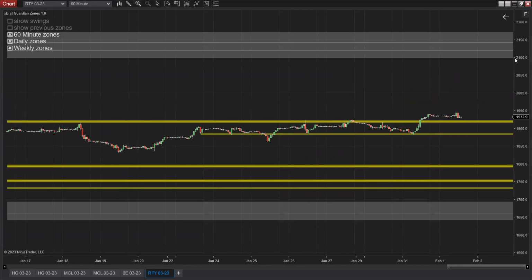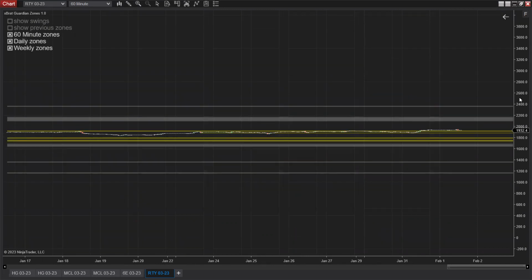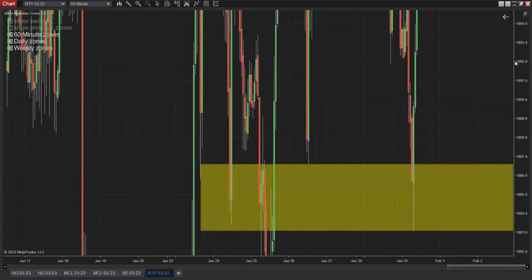So RTY, 60-minute is in orange this time because that's the current live time frame. These are your daily zones. There's no weekly zones in view right now. Amazing. Okay.